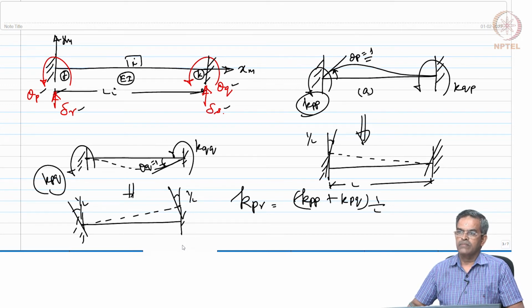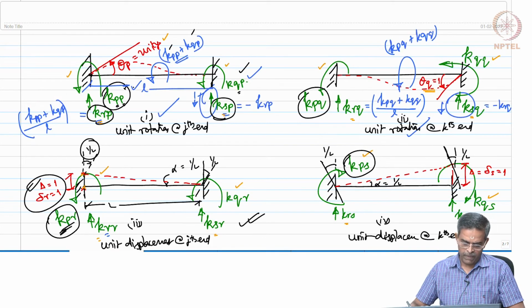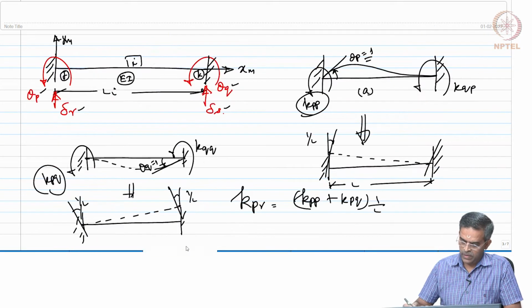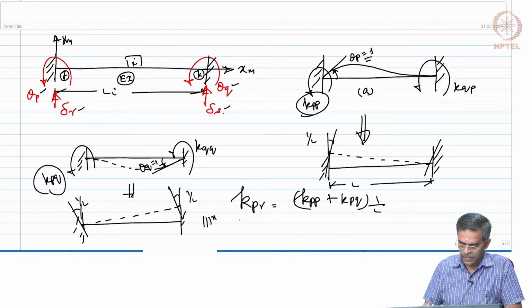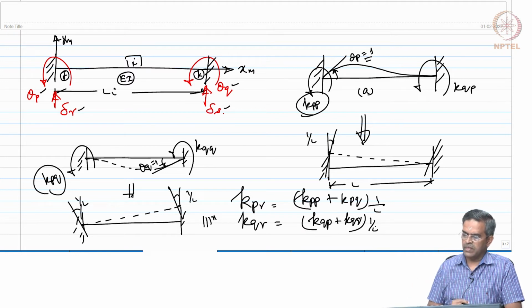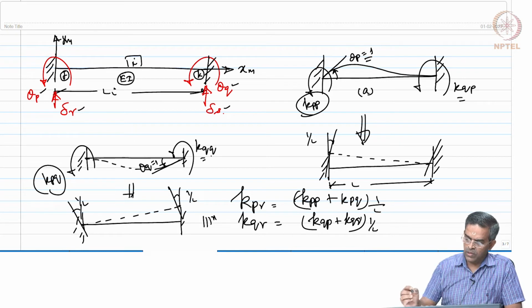Is it not? Similarly, can I also write KQR? KQR can also be a sum of KQP plus KQQ by L, because again these are moments because of unit rotation.